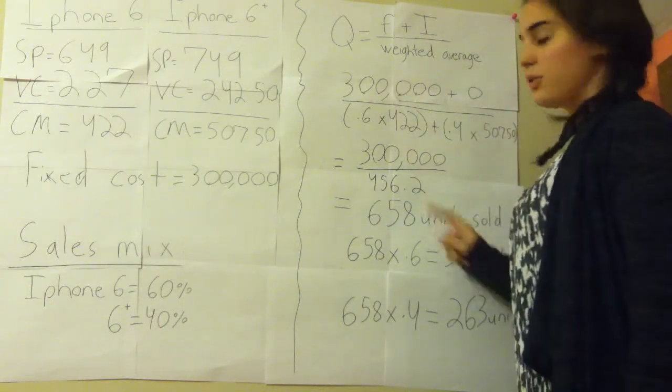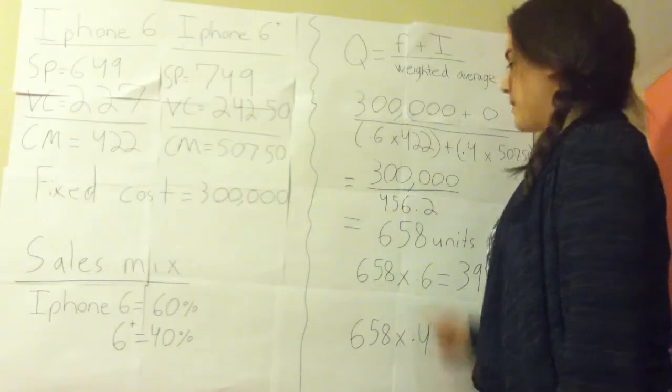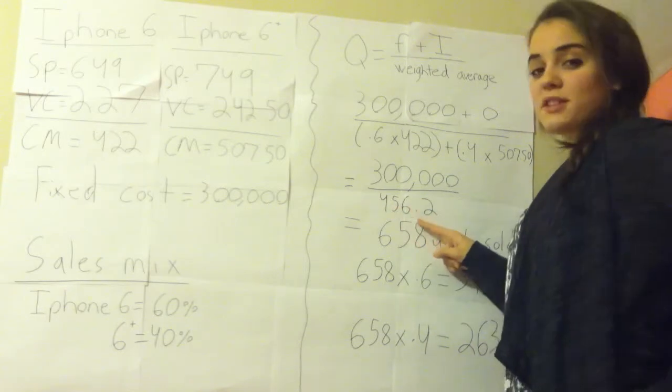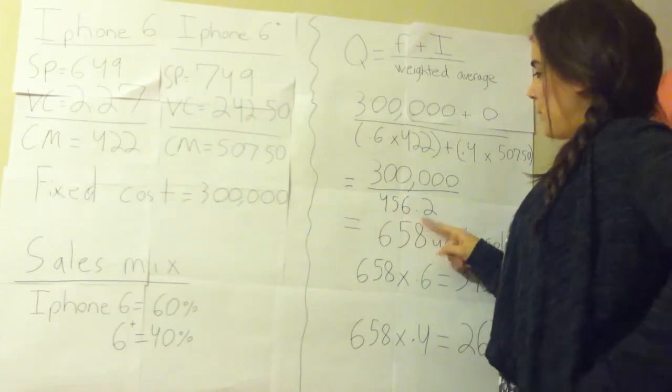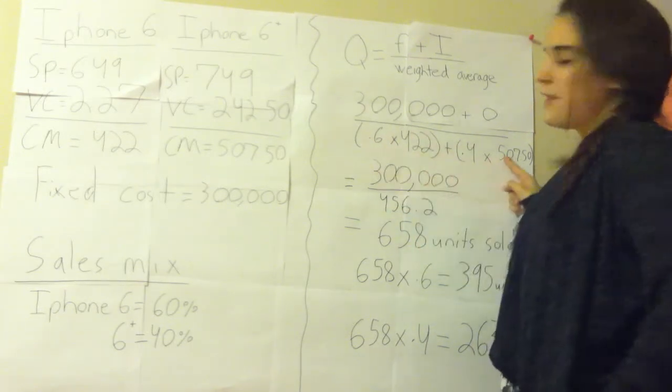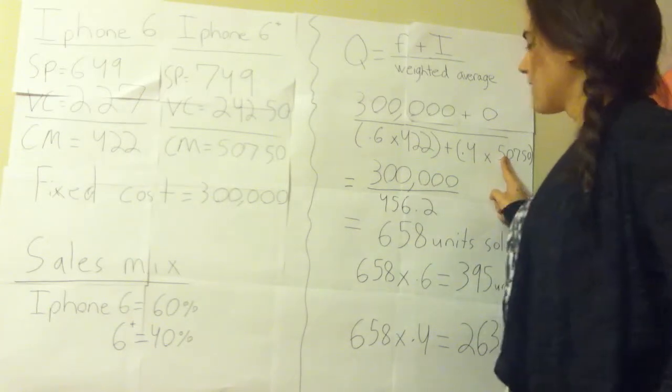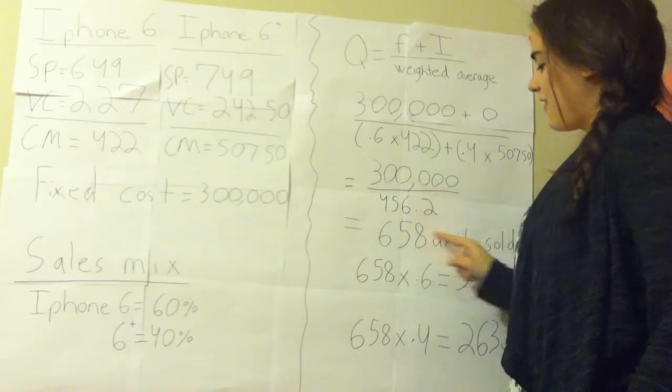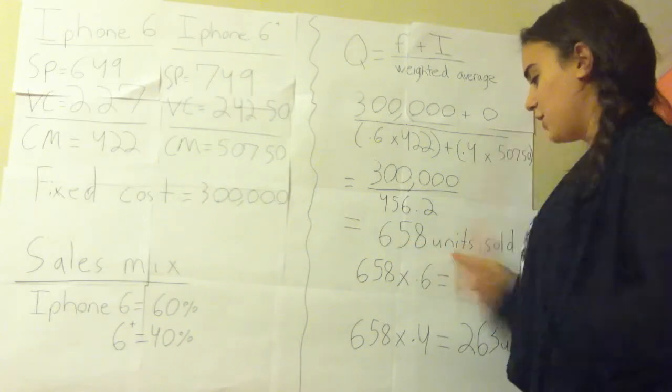This would then equal 300,000 divided by 456.2, which was the sum of this. And that then equals 658 units sold.